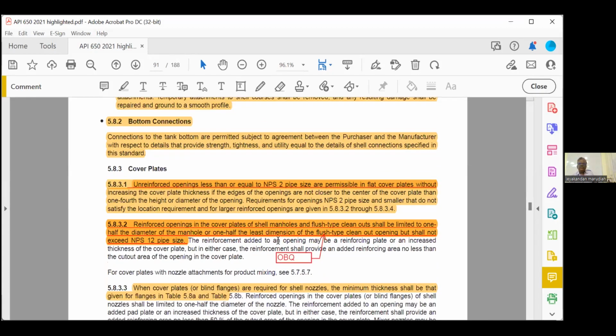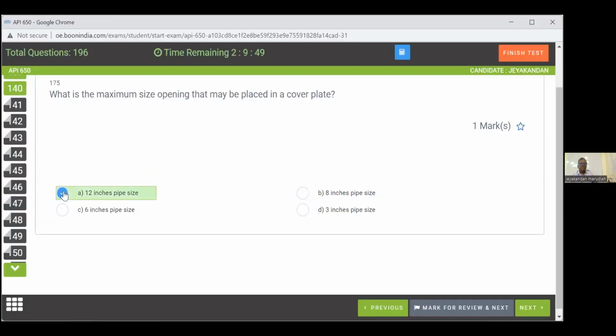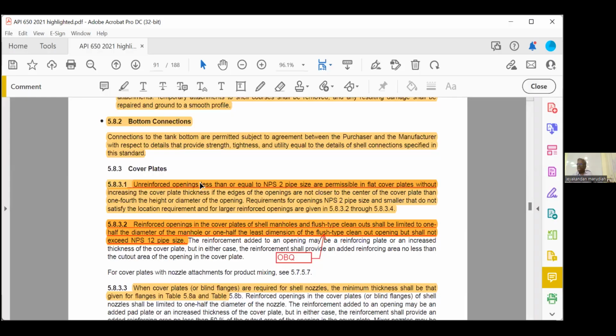Okay, maximum 12 inch. Reinforced opening shall not exceed NPS 12 inch pipe size. 5.8.3.2. 12 inches pipe size. Next. See where it is given, 5.8.3.2. Maximum 12 inch cover plates. Okay, next.